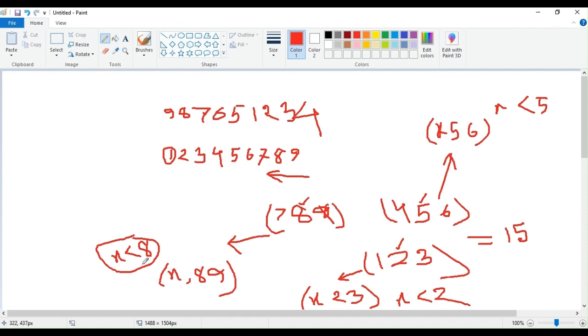So instead of 7, we can think of this triplet as 1, 8, 9.